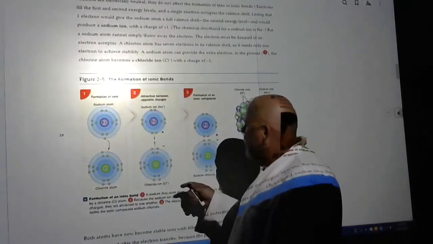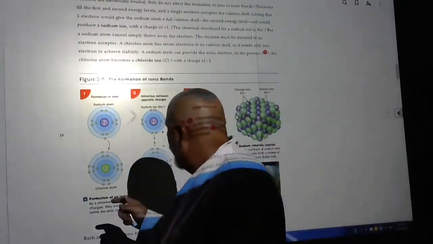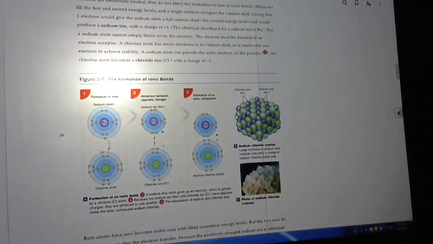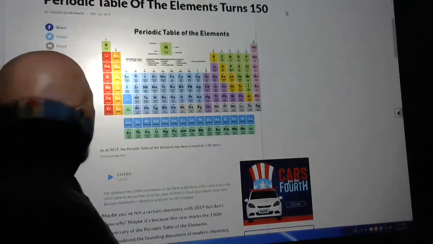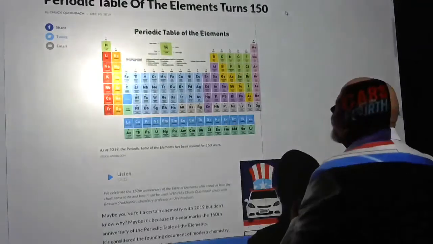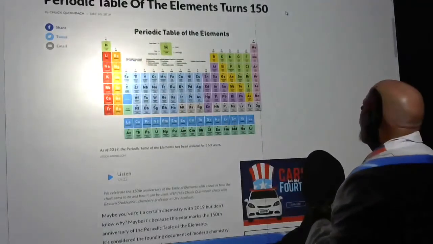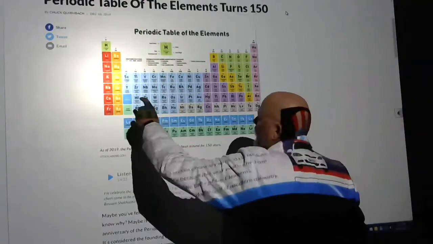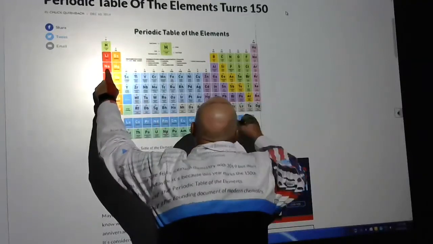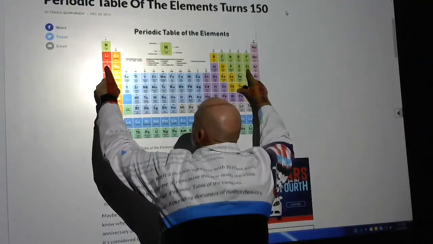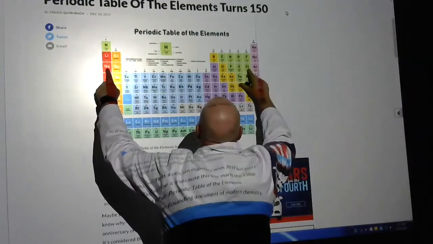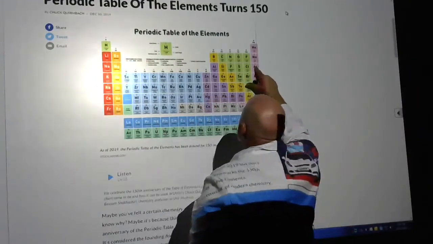Sodium, just as a quick show of why this works so well, if you come over here to your periodic table, I just want to show you this real quick. If I give one away, where does it go? If I add one, where does it go?